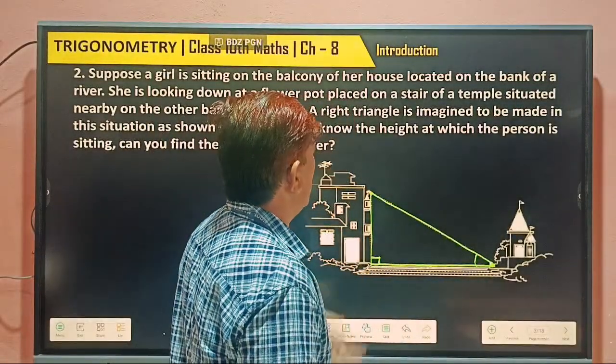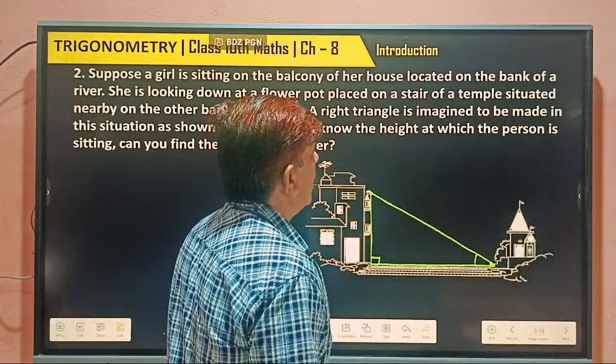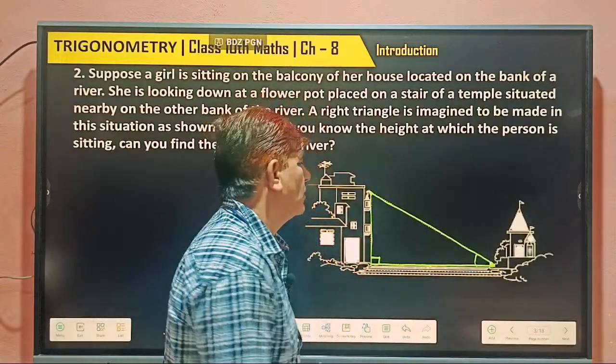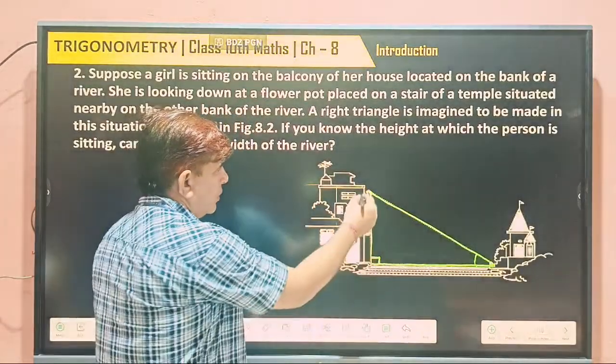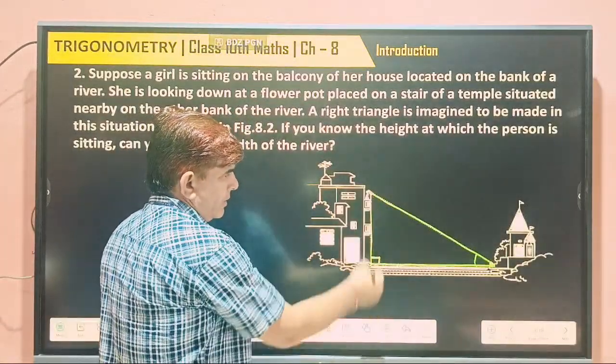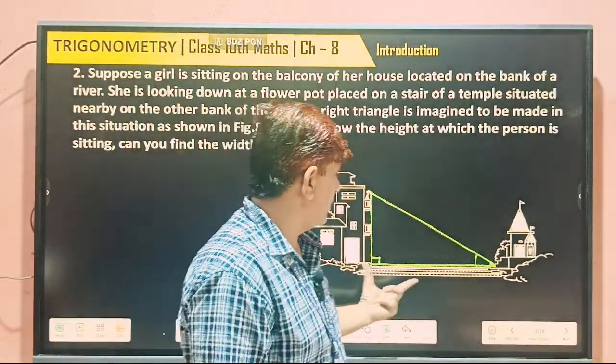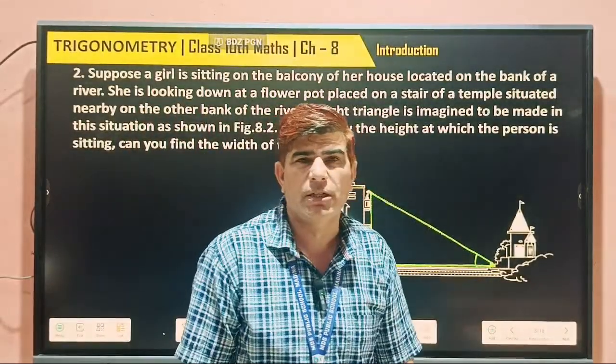If you know the height at which the person is sitting, can you find the width of the river? If you know this height, then you are able to find out the width of the river without measuring it.